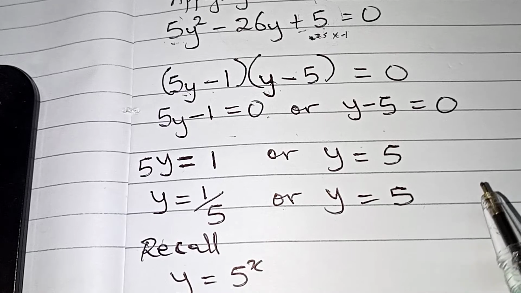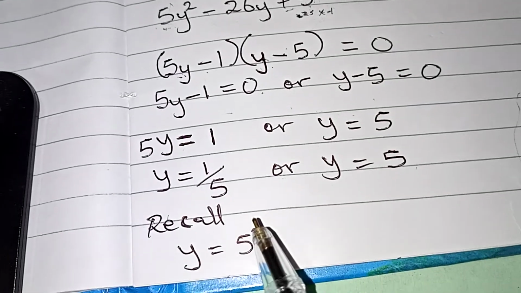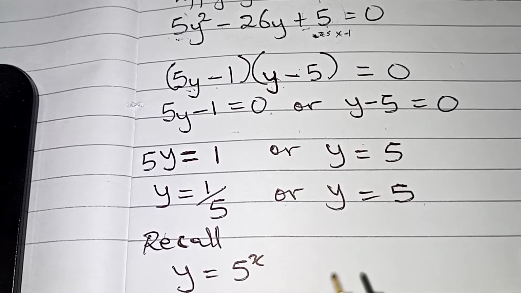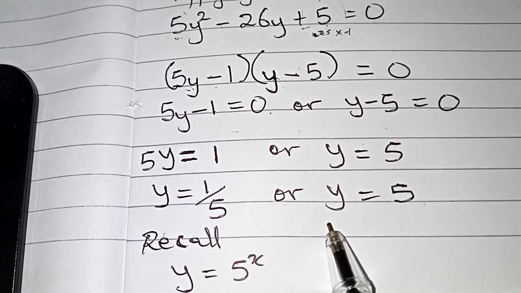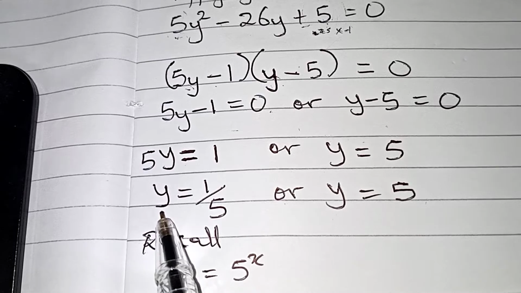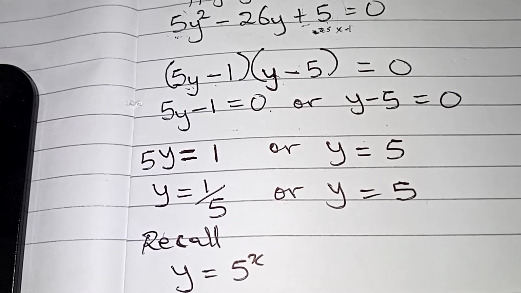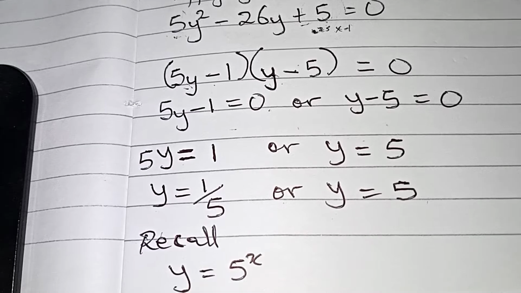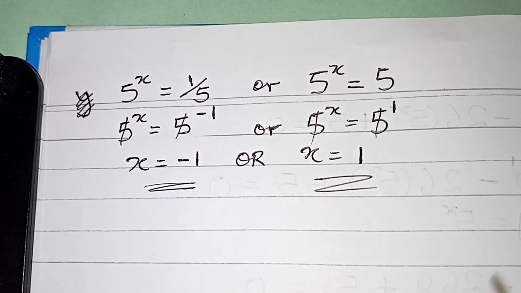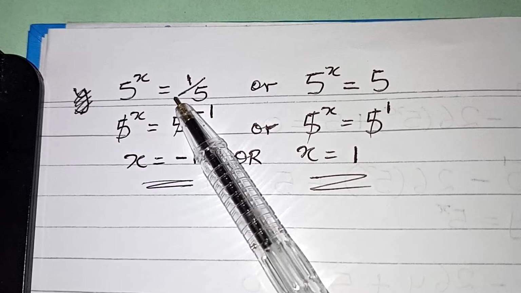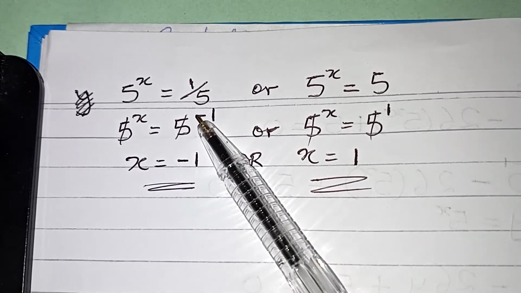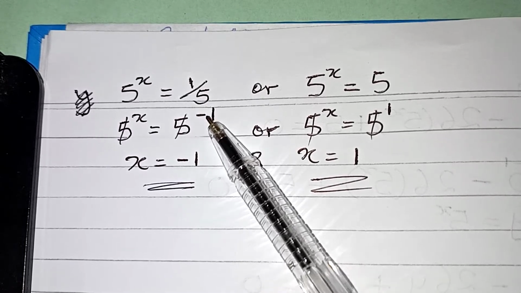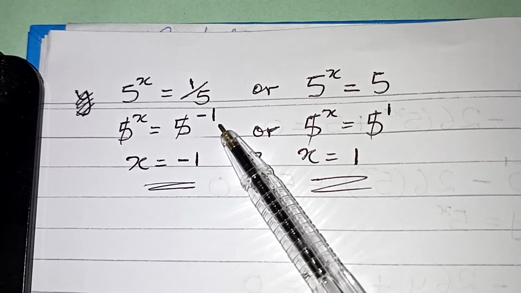This expression is correct. But recall, we said let y be equal to 5 raised to power x. We were the one that brought this variable. So let's introduce 5 raised to power x in place of y and see what our final answer will be. So when we put our 5 raised to power x in place, remember from the law of indices, I told you 1 over 5 can be represented as 5 raised to power minus 1.